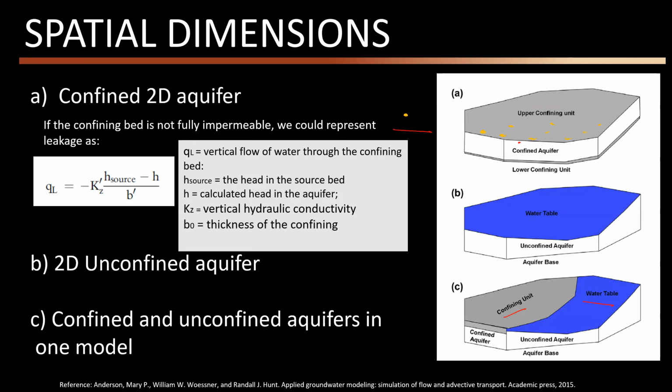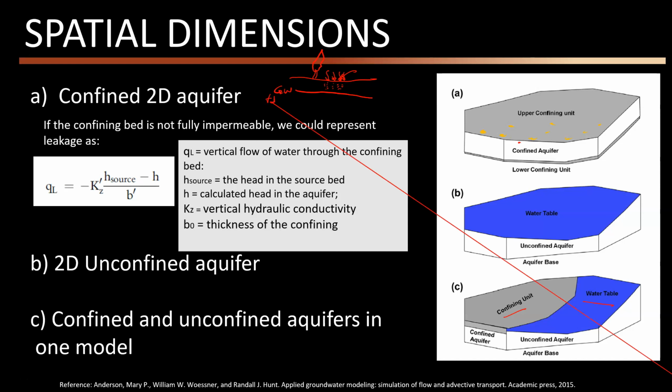For unconfined aquifer, we already talked in detail in previous videos. I don't want to repeat them again. But we said that technically the soil physicists consider the ground surface as a boundary condition, and if a recharge or rainfall happens here, they calculate how much of that water can go and how it can reach the groundwater table.